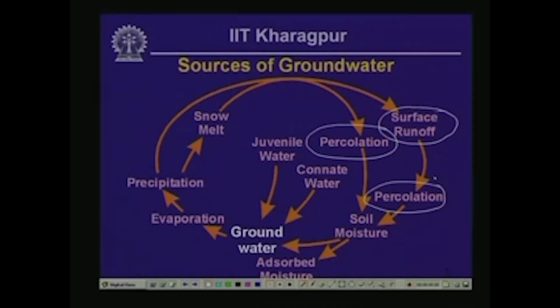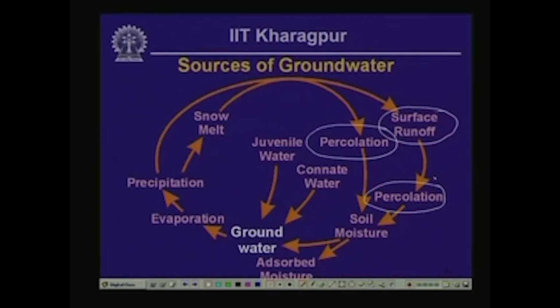And there is another source of groundwater which is called connate water, and this particular water gets trapped within the sediment, within non-interconnected voids in fact, and this water can remain trapped even after the sediment lithifies and sedimentary rock forms out of that process. So these are all the sources of groundwater. And how does groundwater get recycled?